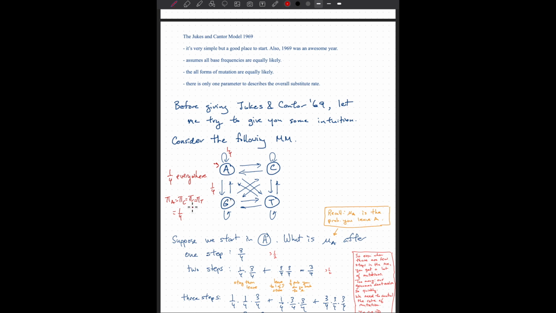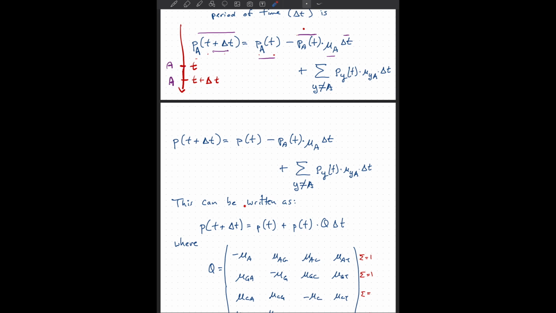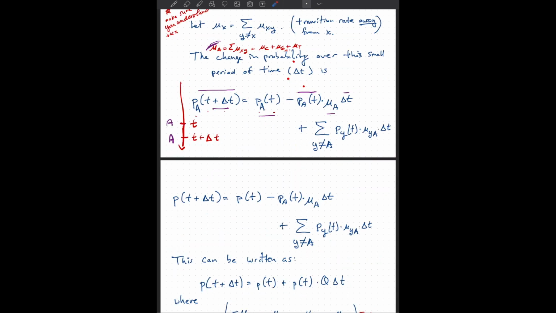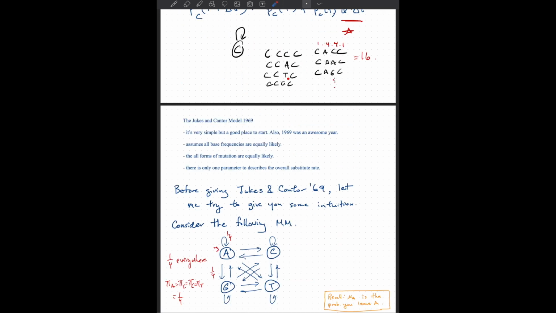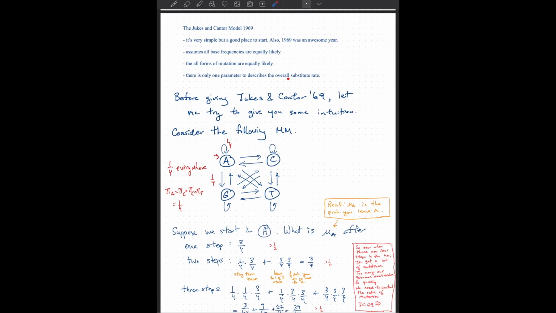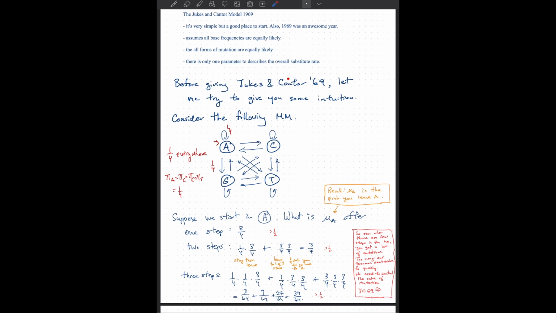So we can think of them in our old notation of pi A, pi C, pi G, etc., or in the mutation notation of a few slides ago, these probabilities back here. Either notation's fine. We assume they're all 1/4. And there's only one parameter here, which is going to take a little bit of time to describe, but it basically controls the rate of mutation.